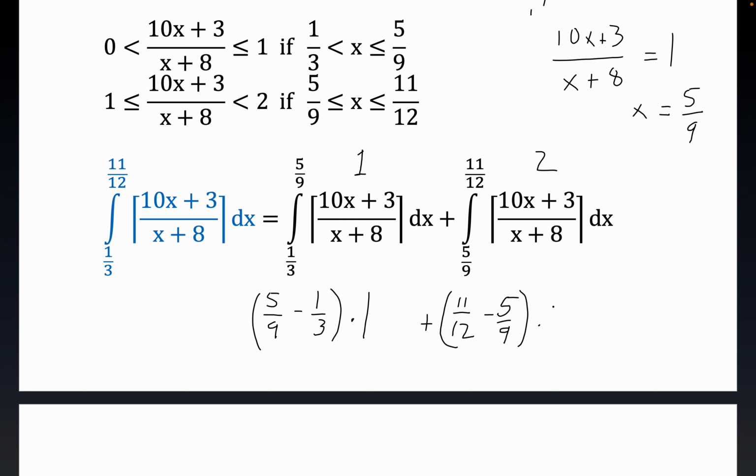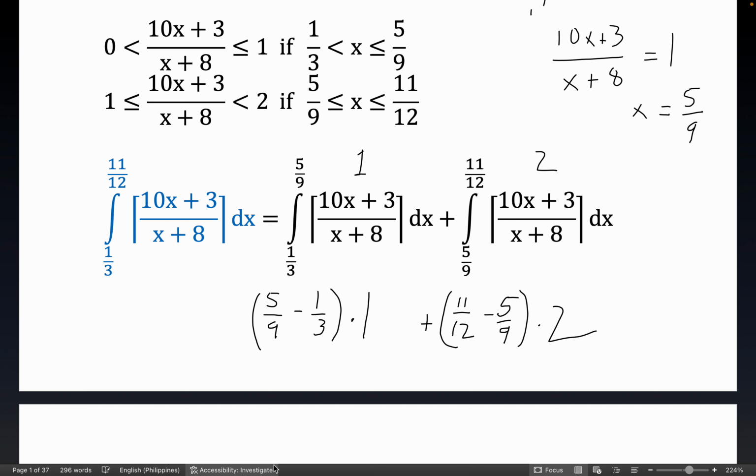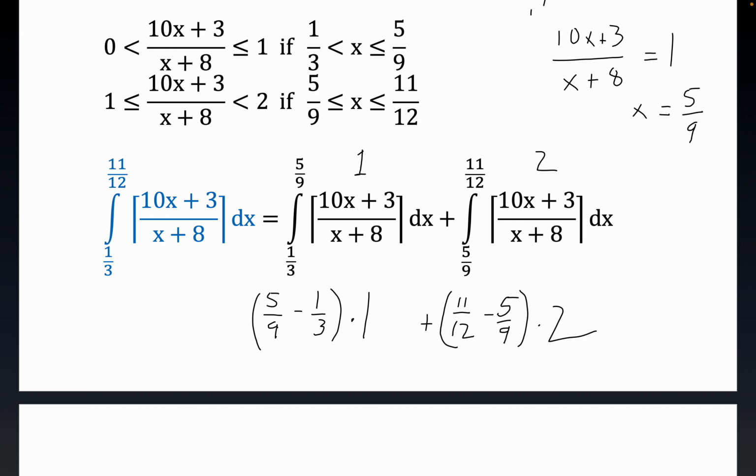And literally, this is the area of a rectangle of width 5/9 minus 1/3, height of 1. This is the area of a rectangle with width 11/12 minus 5/9 times 2, which is the value of the ceiling in this interval, just like 1 is the value of the ceiling in this interval.